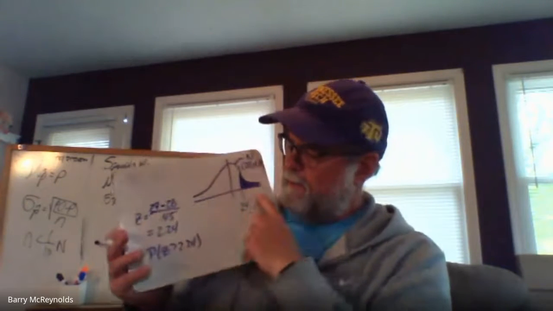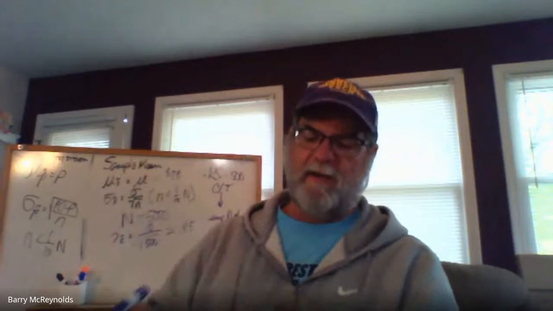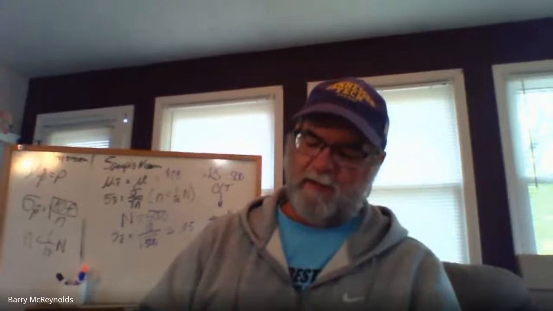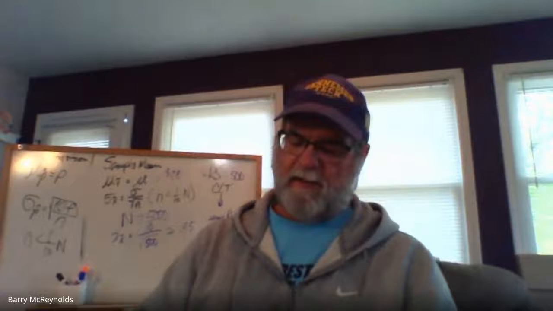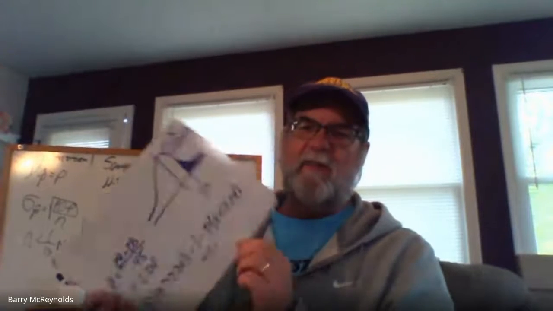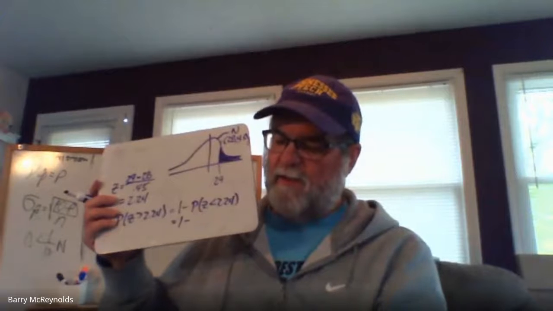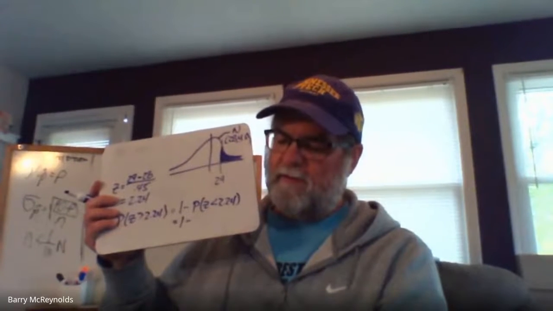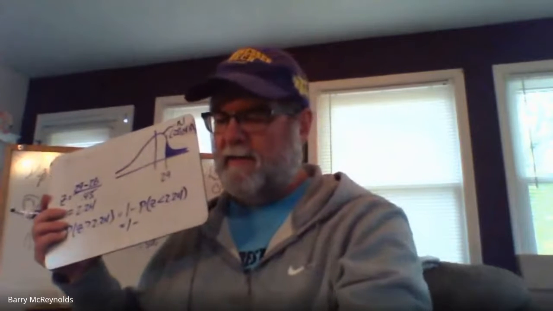But remember, we can only get the area to the left, so we've got to take the complement of that. So that's equal to 1 minus the probability that z is less than 2.24. And if you look that up in Table A, I think that value is, well, I've forgotten it.